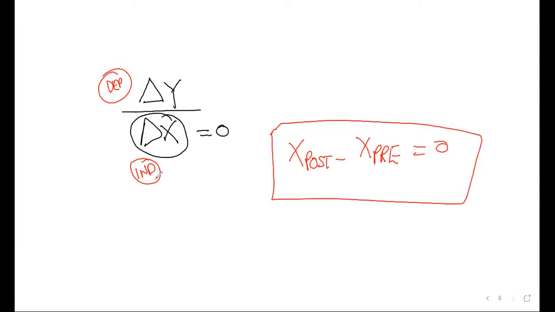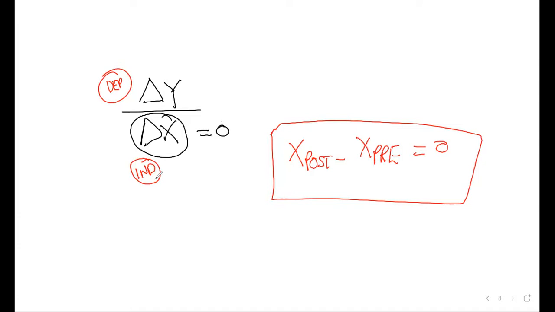Isn't it undefined? Undefined or infinity, whatever. Some books say that it is undefined, some books use the word infinity. But if the denominator is equal to 0, isn't it undefined or infinity?